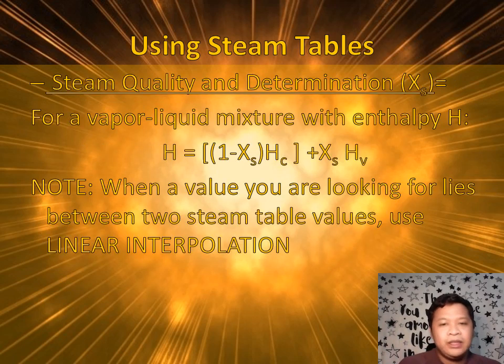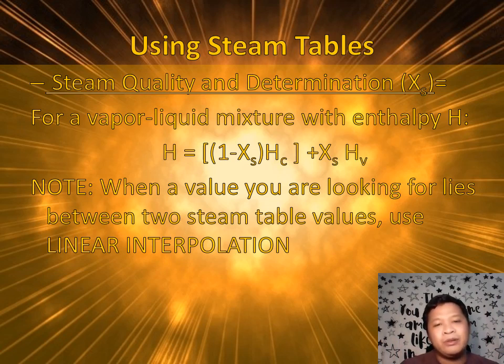Okay, so steam quality, as we mentioned before, di ba, ay ito lang kung ano yung proportion ng saturated vapor doon sa iyong vapor liquid mixture. So typically, there are times where the steam you produce is actually a vapor liquid mixture, and therefore yung enthalpy niya would be between the enthalpy of saturated liquid and saturated vapor.